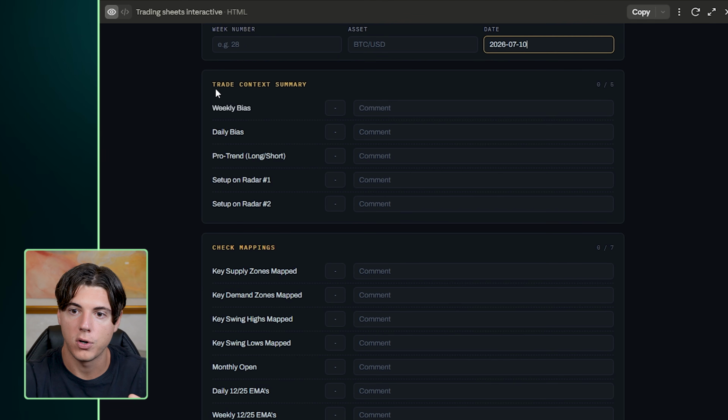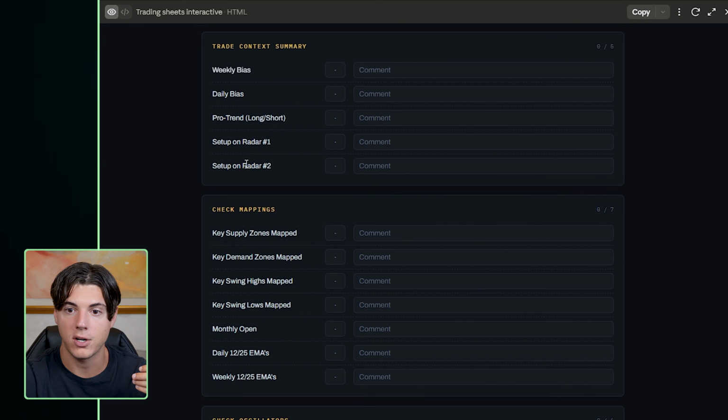So kind of going over the context summary. So weekly bias, daily bias, are the trades going to be pro trend or counter trend? So generally I like to focus on playing pro trend. So if I can identify the context of, okay, we're in an uptrend, then I'm looking for longs. I'm not looking for shorts. I also have just setup 1 and 2 on radar. So whatever are the first 2 or closest setups to me are the ones I'm really going to focus on.